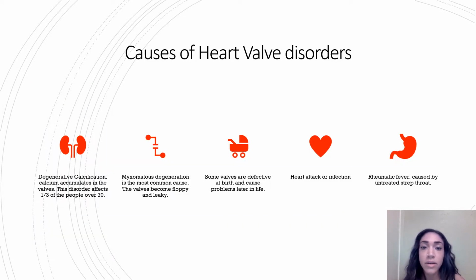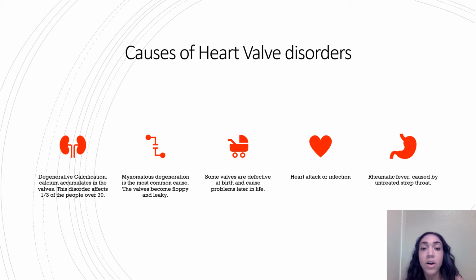The causes of heart valve disorders can be degenerative calcification, which is calcification that accumulates in the valves, and this disorder affects 1/3 of people over 70 years old. Then we have myxomatous degeneration, which is the most common cause, and this happens when the valves become floppy and they tend to leak.